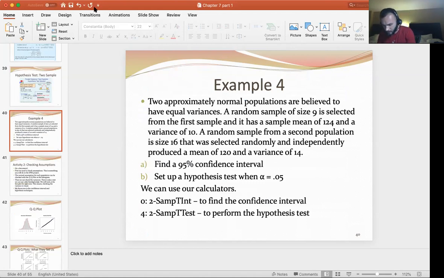Okay, we got some intervals coming in. I always get confused when I've got to make a decision on my hypothesis test about whether it's greater than, less than, or not equal, so whether it's a two-tailed or a one-tailed.